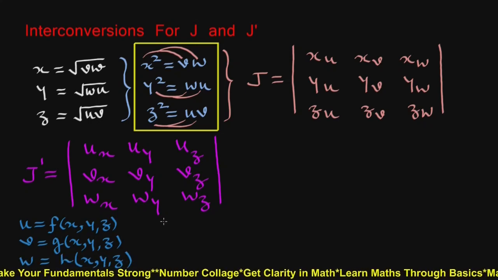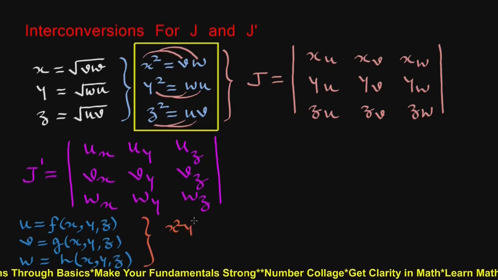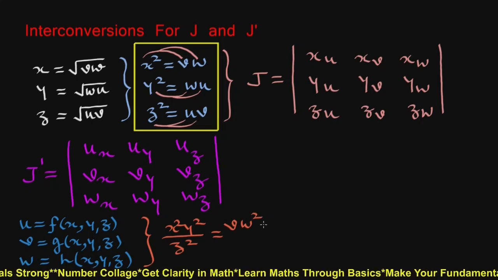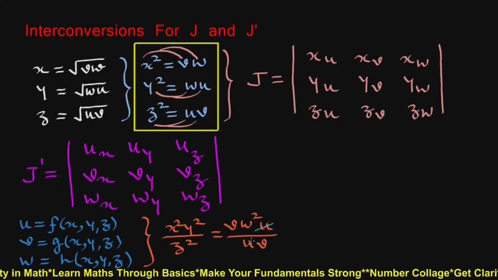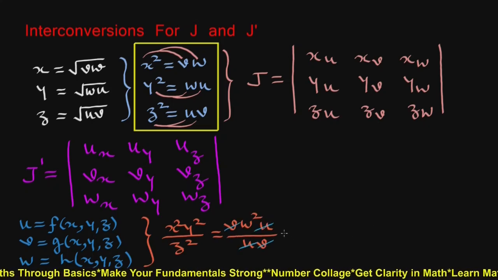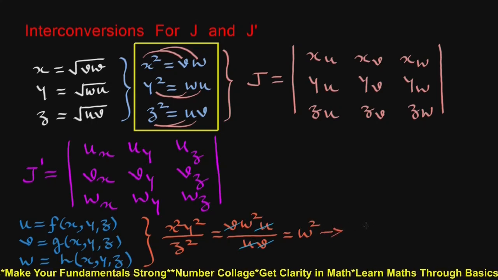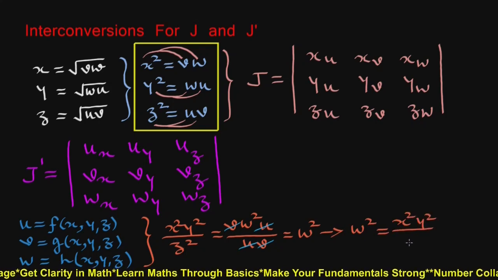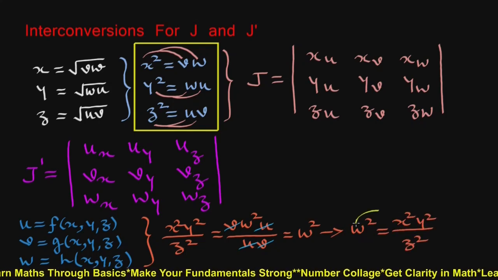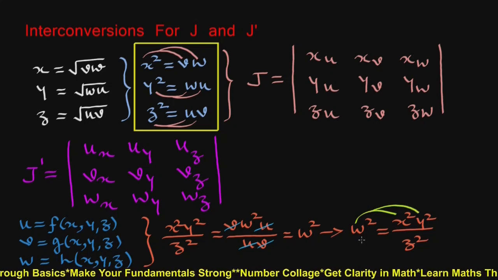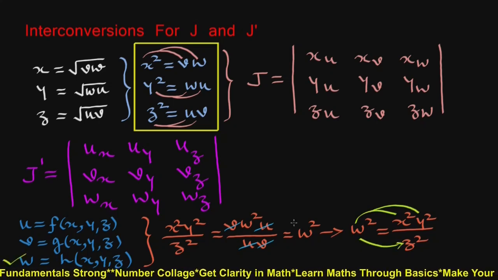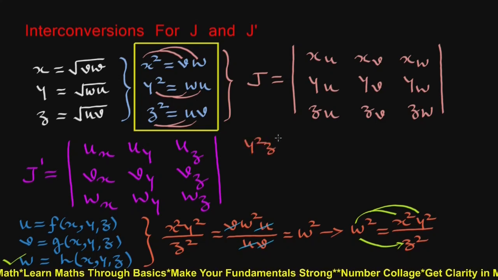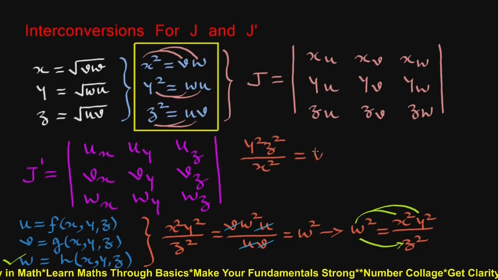For that, we write x square y square upon z square, which will be v w square u upon uv. Cancelling uv, we will get w square. So here we got w square equals x square y square upon z square, where w is a function of x, y and z. Similarly, we can get y square z square upon x square as u square.